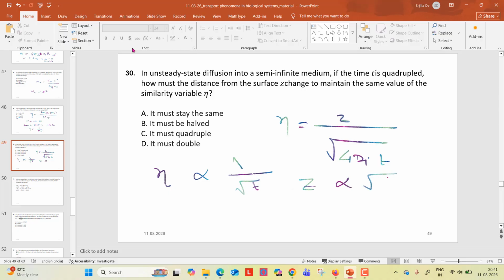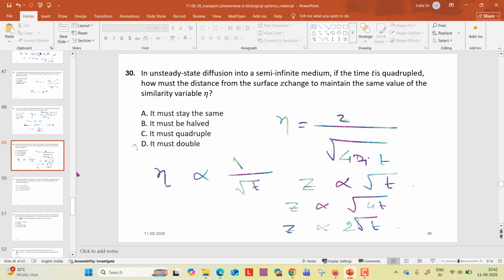If t is quadrupled, Z will be proportional to root 4t, which is 2 root t. So Z must be doubled to keep eta constant.